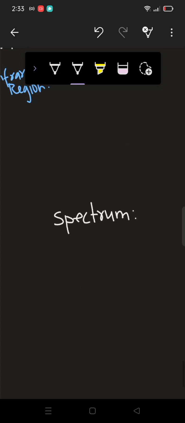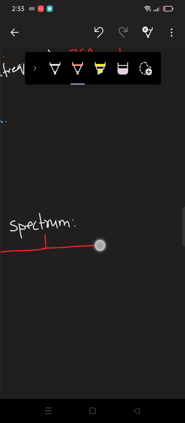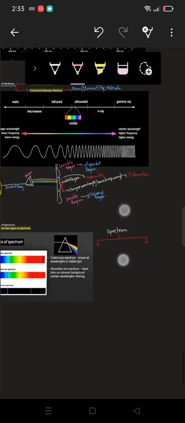When any light, whether it originates from the sun, an electric bulb, or any other source, is resolved into its constituent radiations, that is what we call the spectrum. Now there are two types of spectrum.